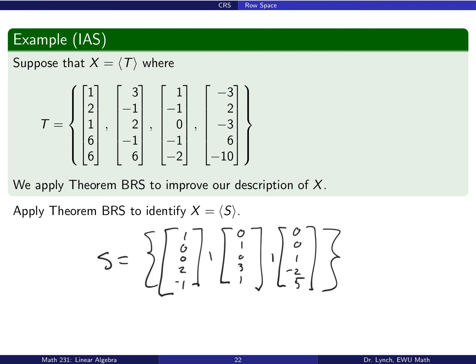The set S is the set containing these column vectors we get from transposing the reduced row echelon form. As it turns out, these 3 vectors are linearly independent, and they span the same space as the set T.